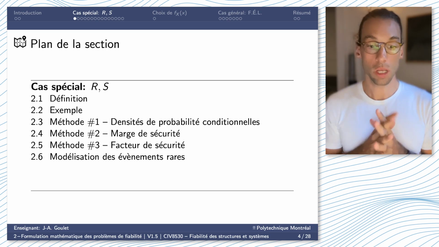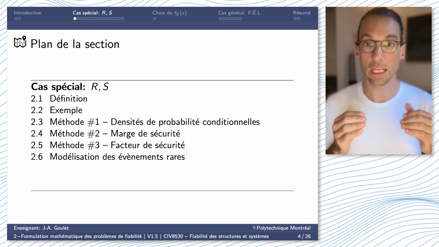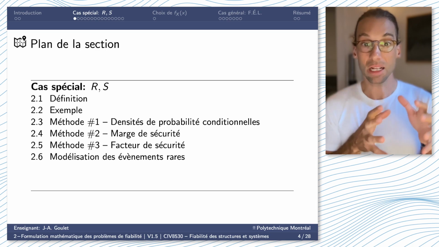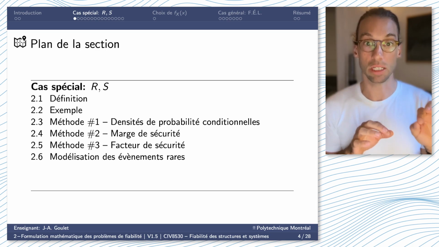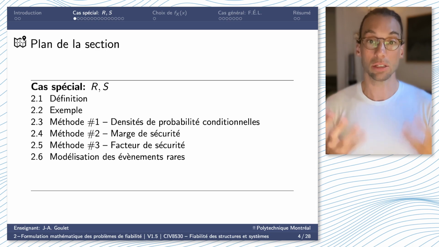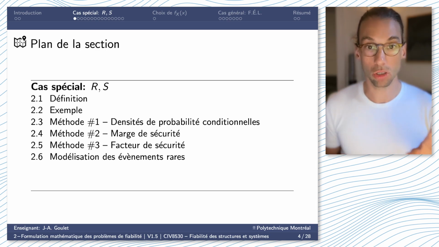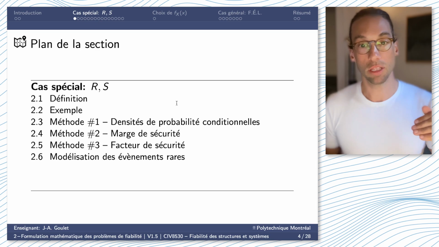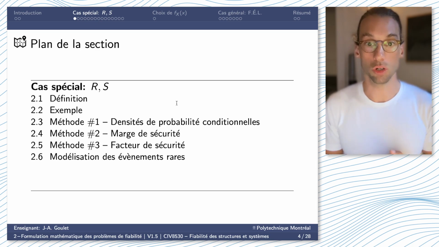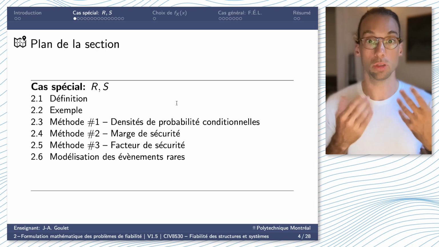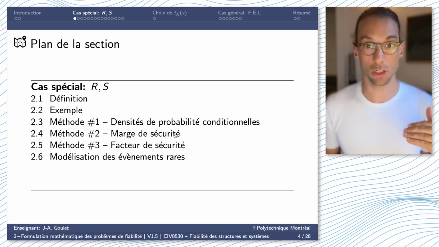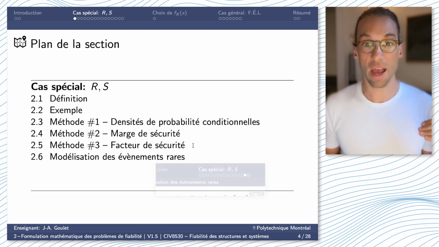So first subsection, special case: how to model a structural reliability problem by directly representing the resistance and solicitation as random variables themselves. We're going to look first at the applied example. Then we're going to look at three specific methods. First, we define conditional density distribution functions and use them to compute our probability of failure, then we look at a safety margin concept, then a safety factor concept.